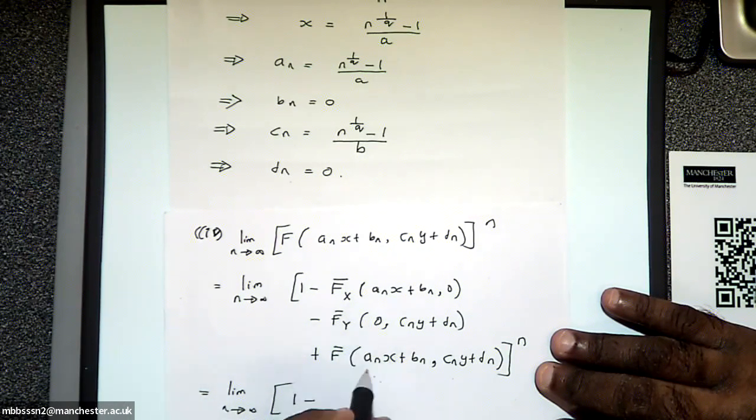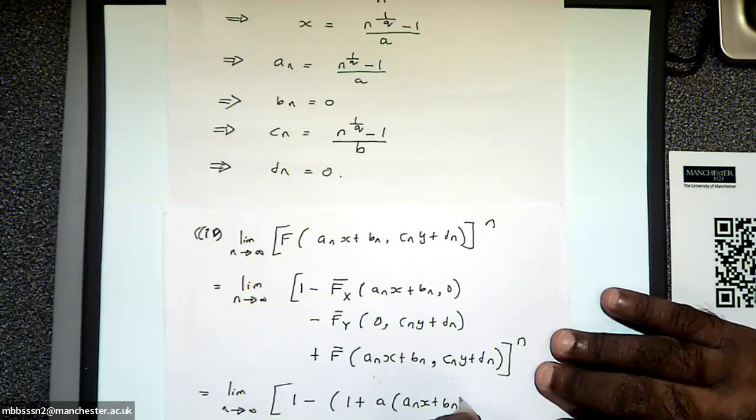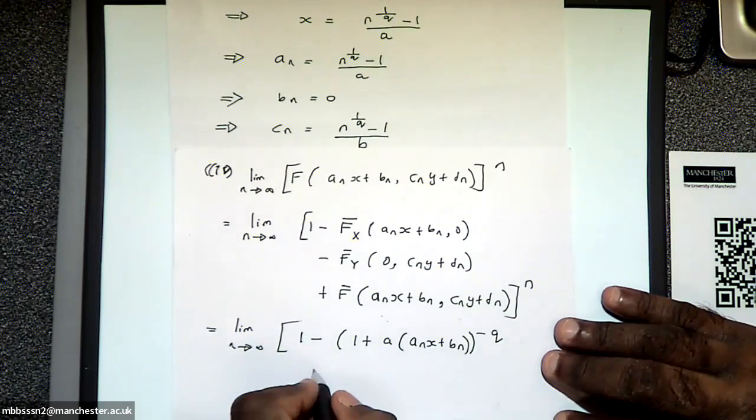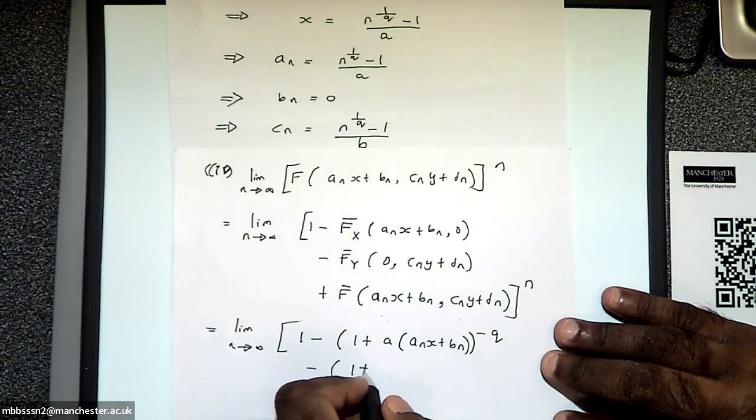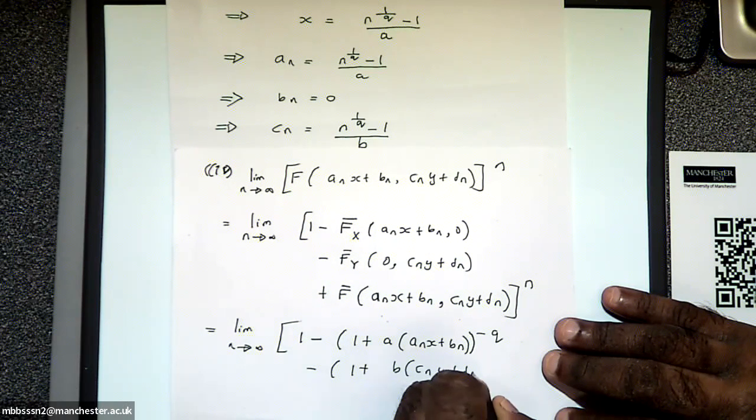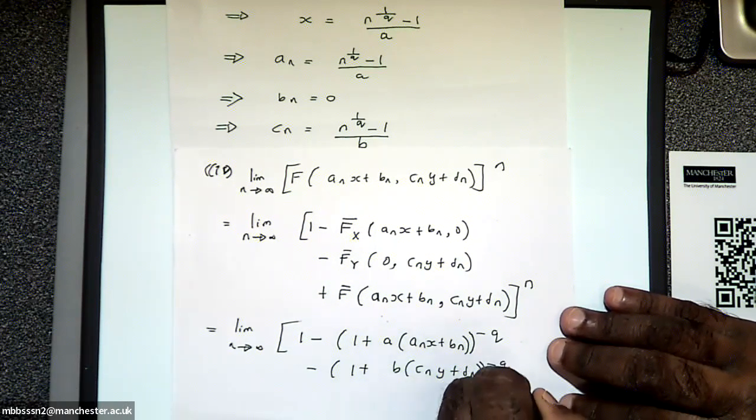Now, if you put everything in, we know what each of these guys is, so let's do it. It's going to be 1 plus ax, where your x is an x plus bn, to the power minus q, right? And then you have 1 plus b times cny plus dn to the power minus q.